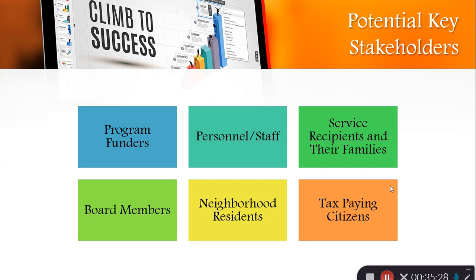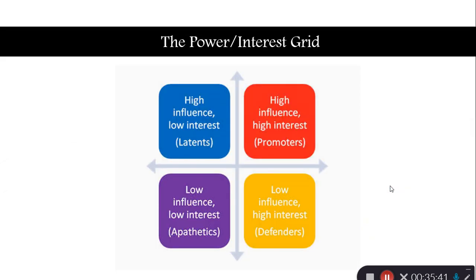And so potential key stakeholders could be program funders, personnel or staff, service recipients and their families, board members, neighborhood residents, and tax-paying citizens. And this is a tool that I like to utilize that kind of helps to strategize about who our promoters are, who our resistors are, and such. It just really gives us a very clear picture.